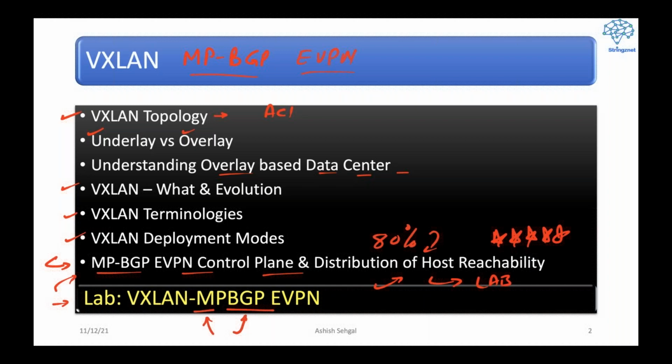Once enrolled, you can download that book, and those who are already enrolled can download the book on MPBGP. It is pretty important to brush up your knowledge about BGP. What is BGP? How do we configure BGP? What is a neighbor relationship? What is the established state, etc. Just the basics of BGP. The rest we will cover in terms of configuring BGP with regards to an address family called EVPN, because EVPN is one of the address families in MPBGP. With this, let's get started.